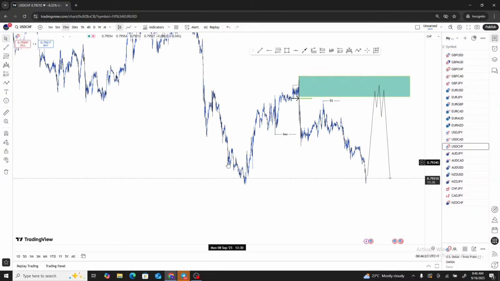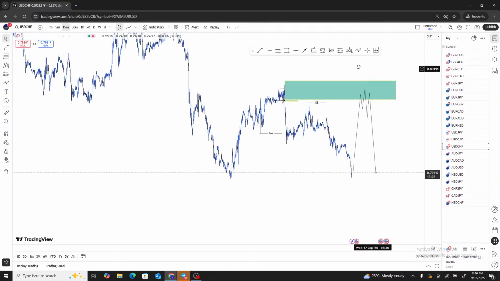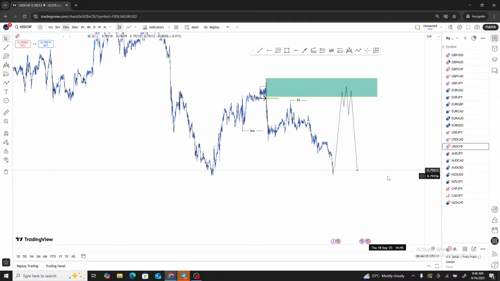You see how trading is very, very simple. You just have to make it easy for yourself by looking for the right information. When you get the right information, you double down on it.